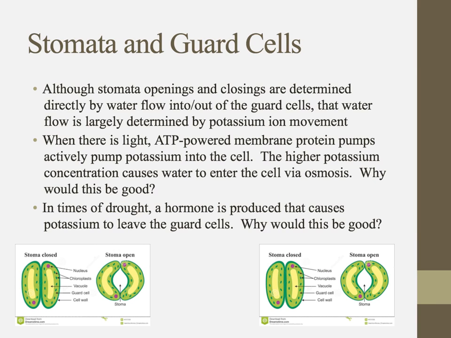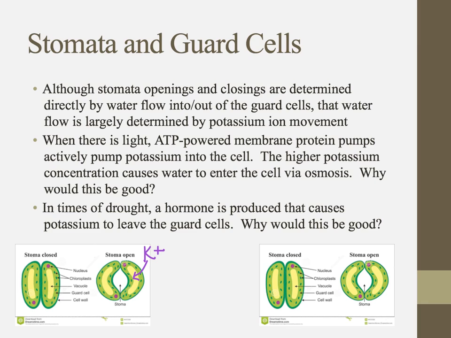Okay, so we know this has something to do with water, but why is that water moving in there? In the presence of light, there's an ATP-powered membrane pump present in the membranes of these guard cells that is going to actively pump potassium ions into the cell.